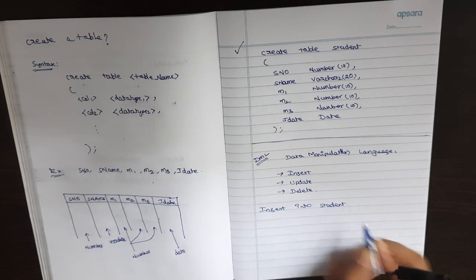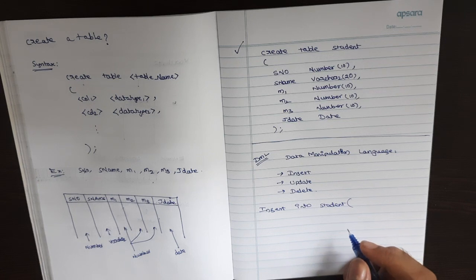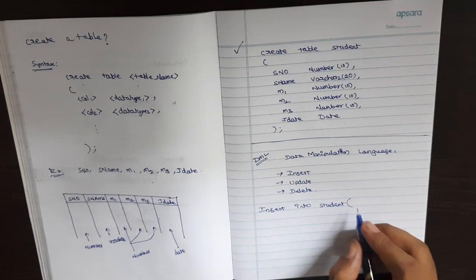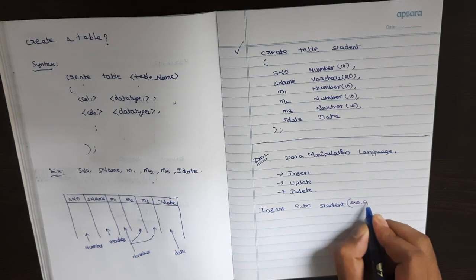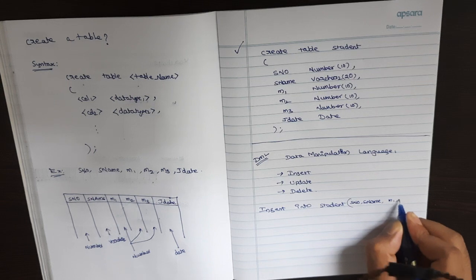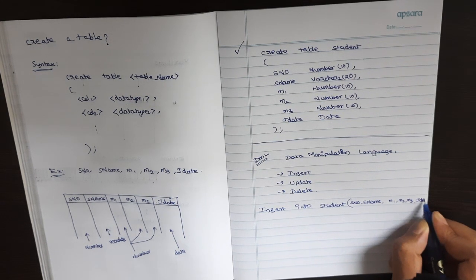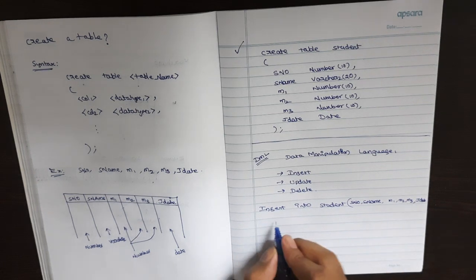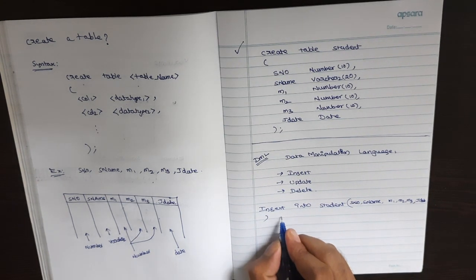It is student, bracket open, and what are the columns you want to insert? SNO, name, M1, M2, M3, J date, bracket close.